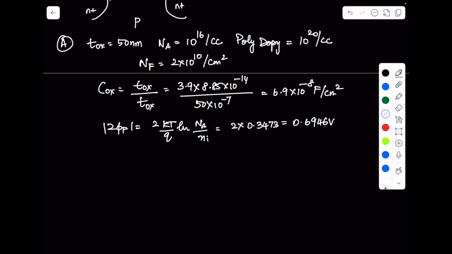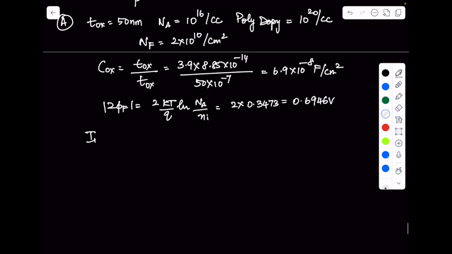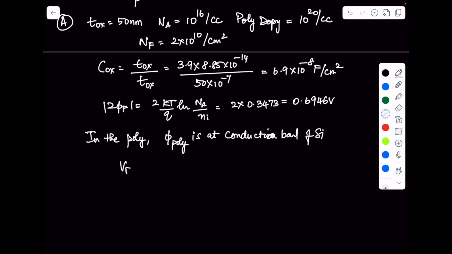Now, here we have said that polysilicon is the gate, and it's doped n-type. So therefore I can assume that in the poly it's heavily doped, so I can say that its Fermi level is at the conduction band of silicon, right? Because it's degenerately doped. And so therefore my VFB is nothing but phi ms, which is nothing but minus Eg by 2 plus phi f.